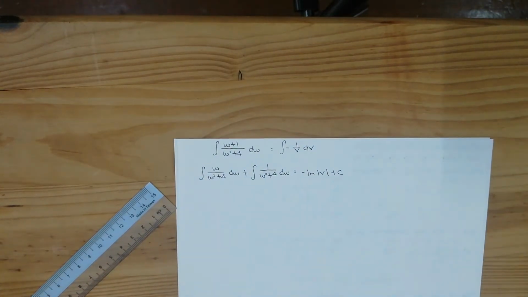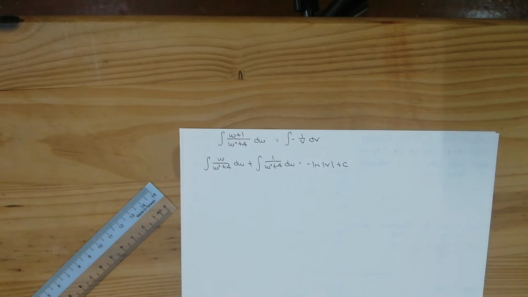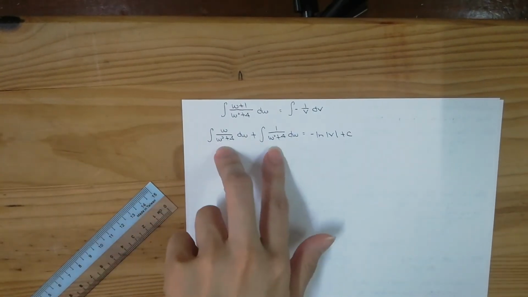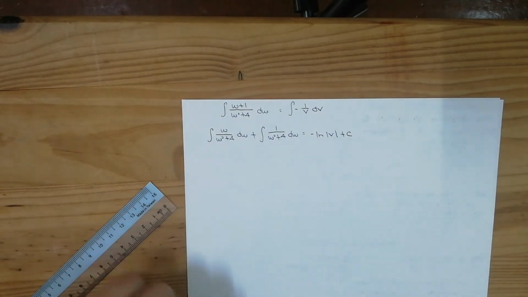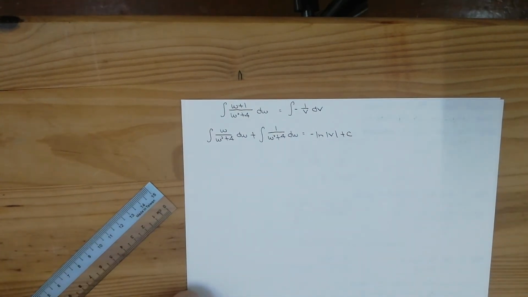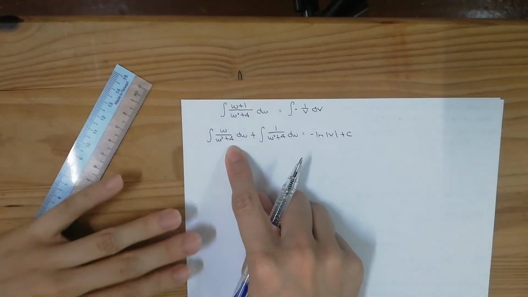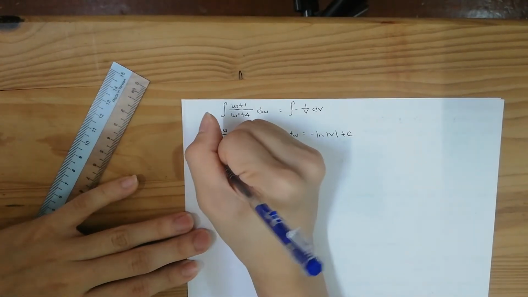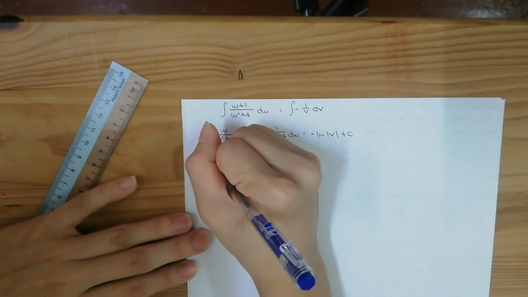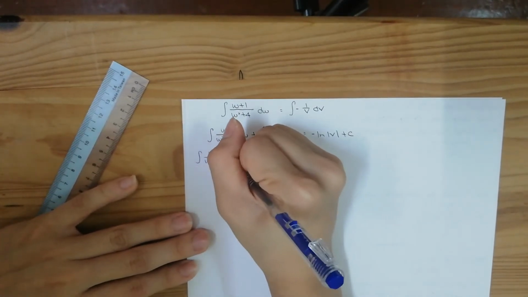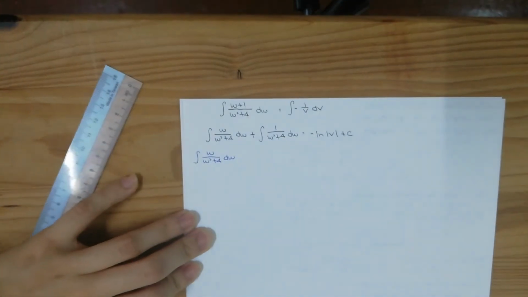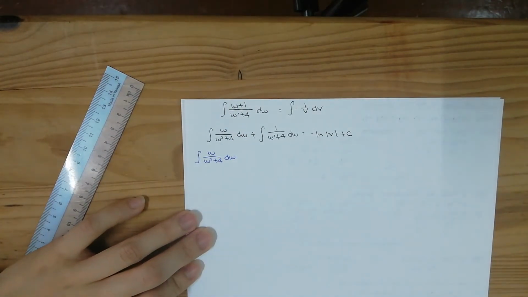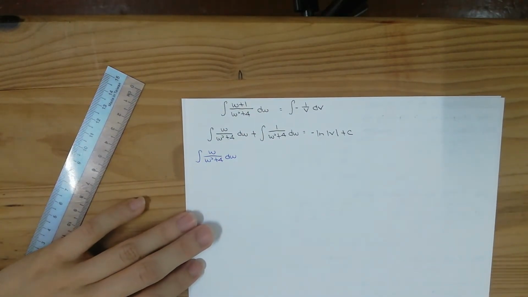So now, in order to integrate these two integrals, we integrate w over (w squared plus 4) first. Because of this, we can use the technique of integration which is substitution.